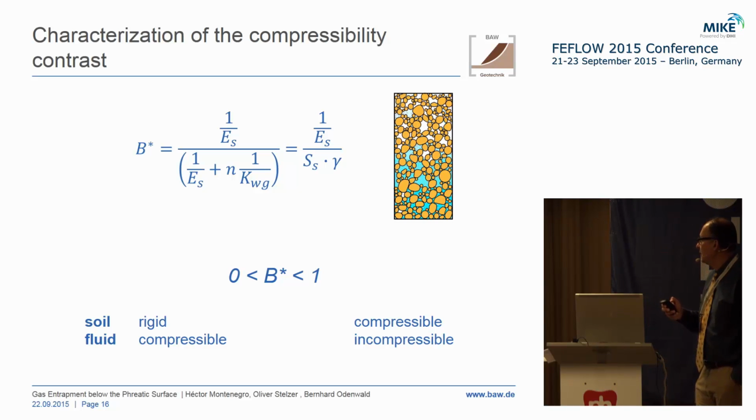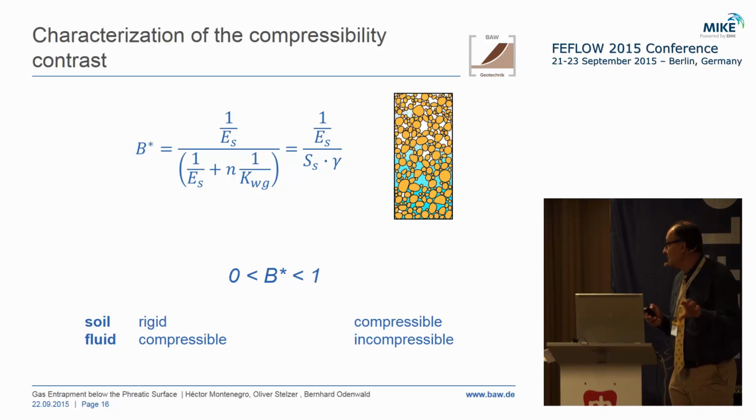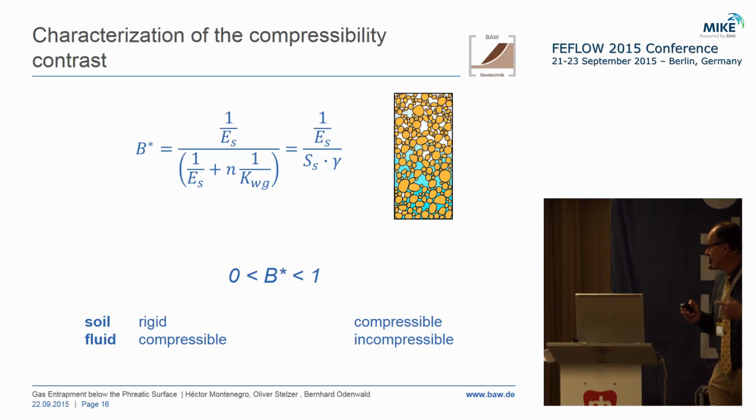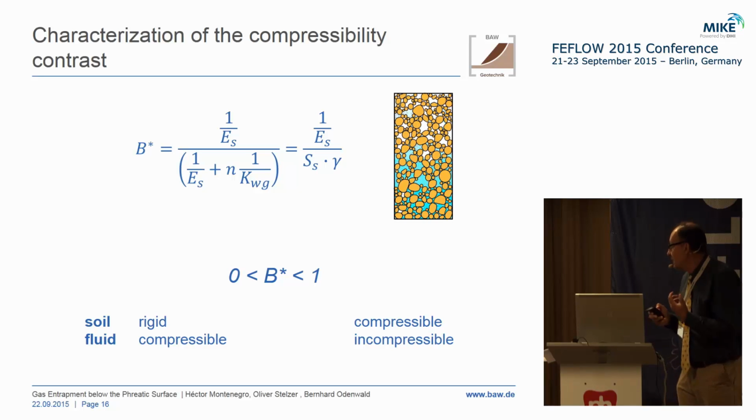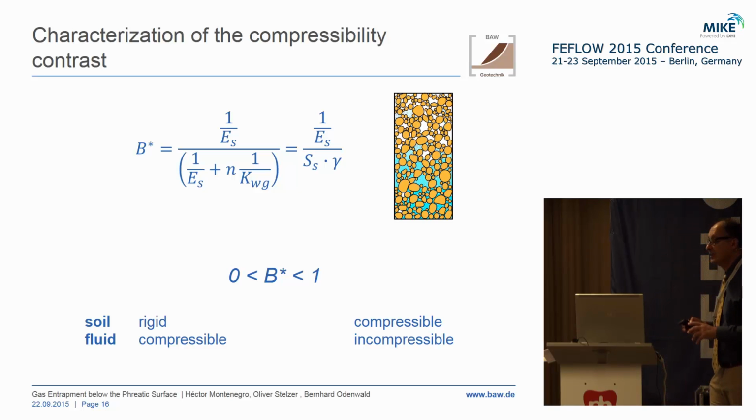If you look at this term, this is the sum of the compressibility of the soil plus the compressibility of the gas-water system. This is the specific storage parameter which we know from groundwater flow. This parameter goes from 0 to 1. If it's 0, then you have a rigid soil and a compressible fluid, and if it's 1, you have a compressible soil and an incompressible fluid.